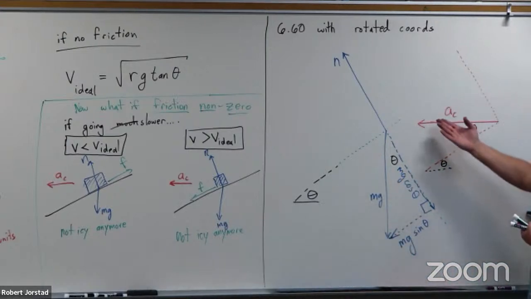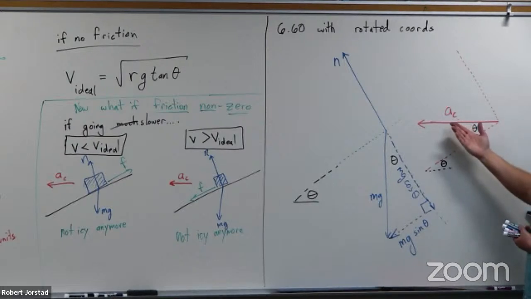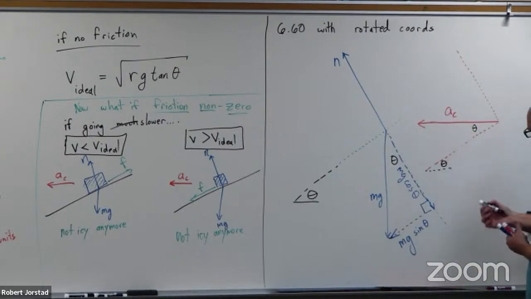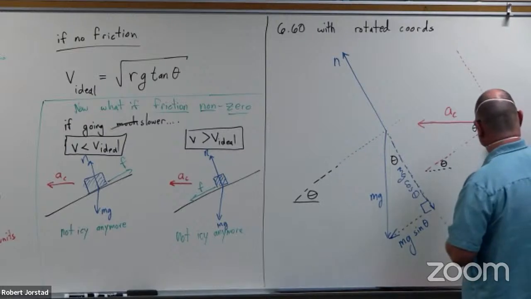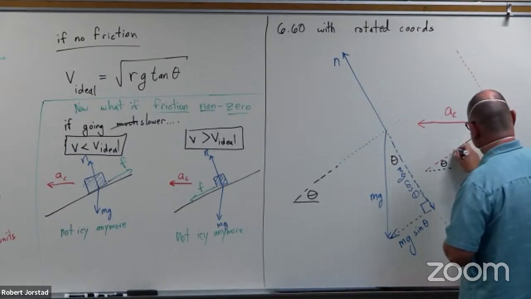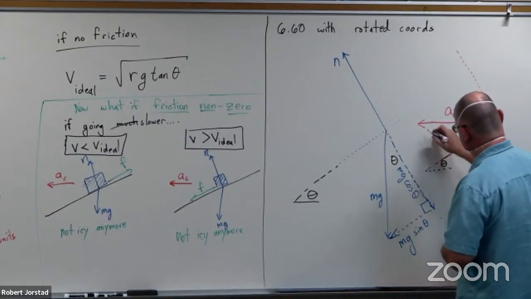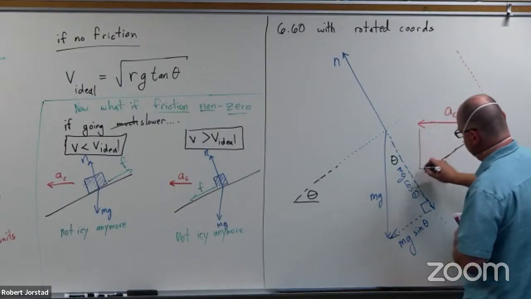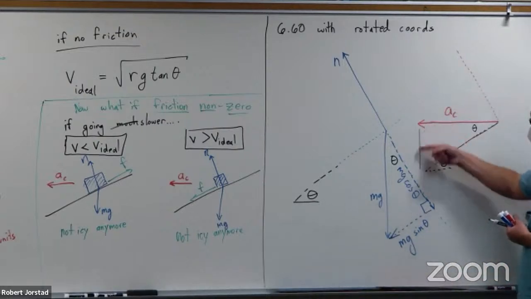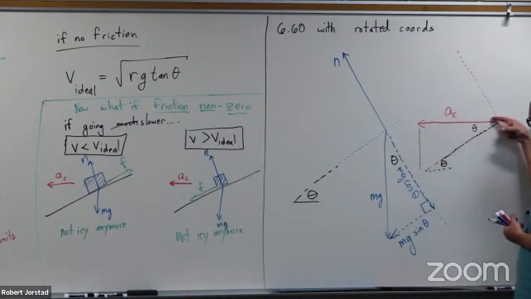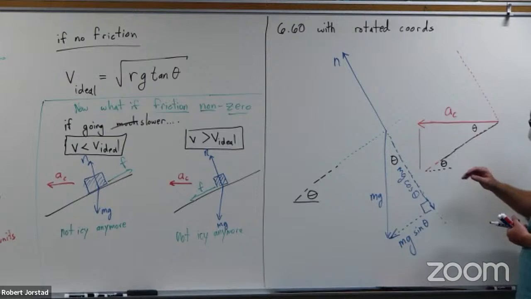Now, do I need to split up the AC vector? Is this right or is it wrong? Wrong. Why? It's not parallel to the coordinates.